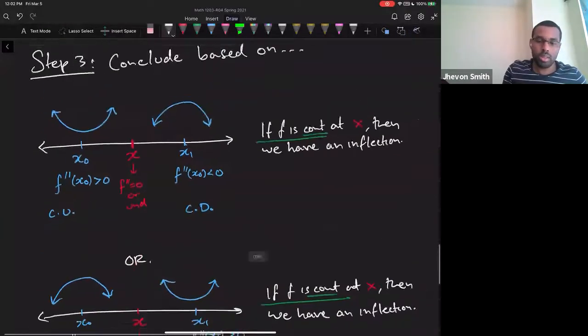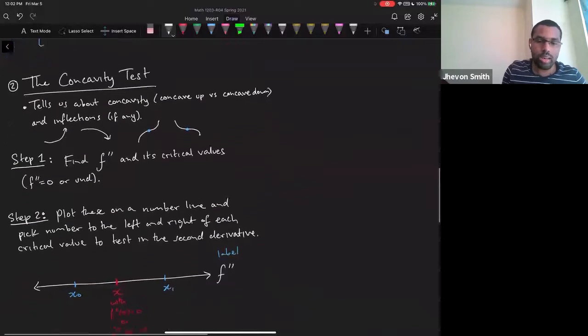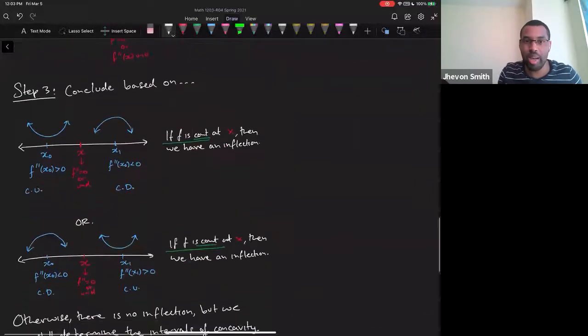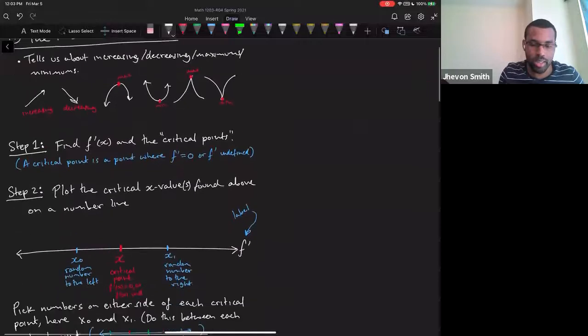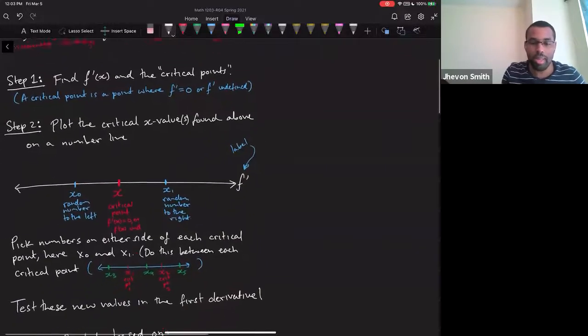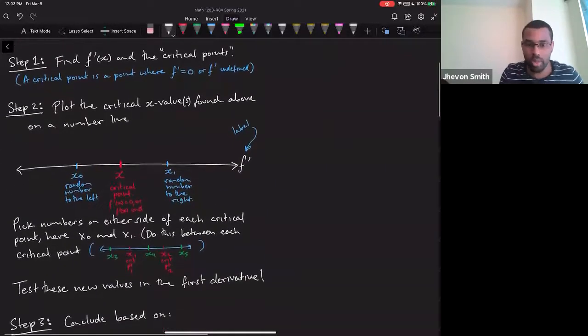Okay. So that is the concavity test. Pretty similar to the first derivative test, except when you have positive and negative, you have a different interpretation of it. So in the first derivative test, you'd find the first derivative, set it equal to 0 or undefined, solve for the x values that make that true, plot them on a number line, and pick random numbers in between them.